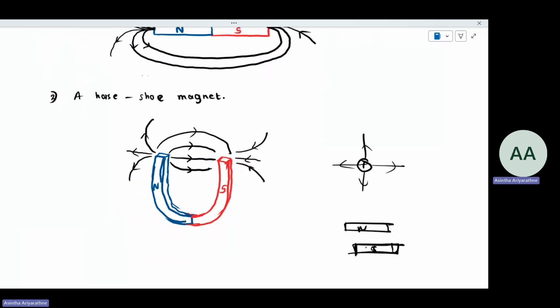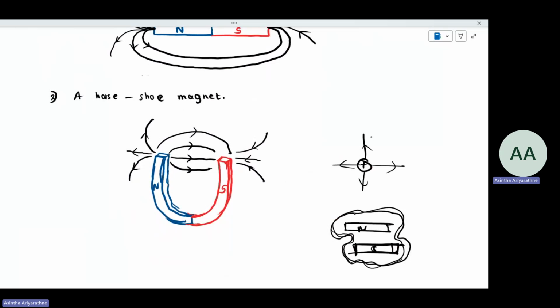Always in a magnet, both north pole and south pole should be present on the same magnet.